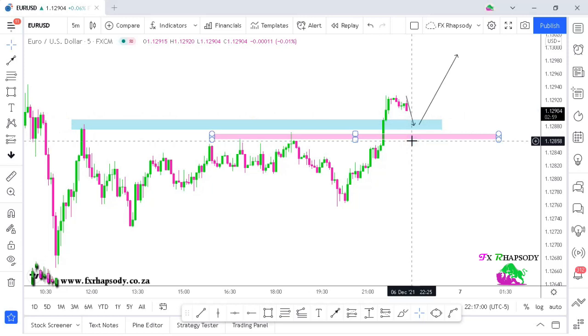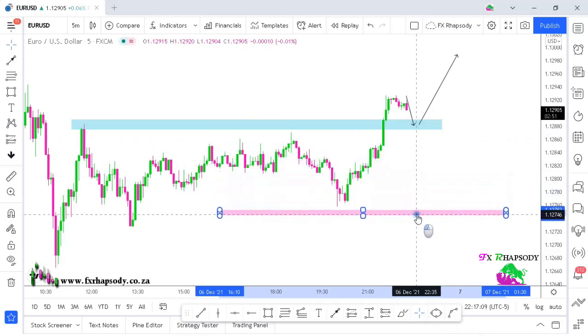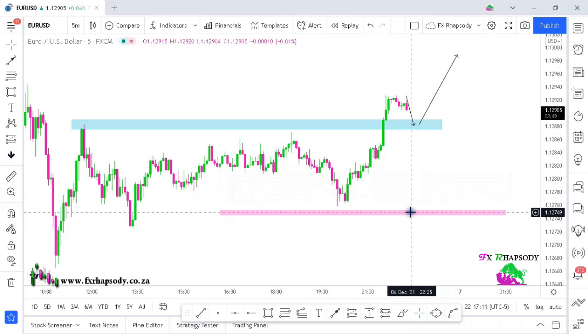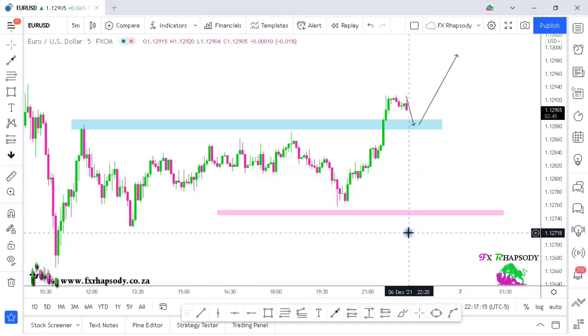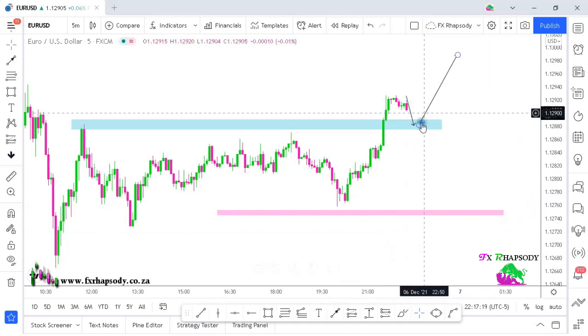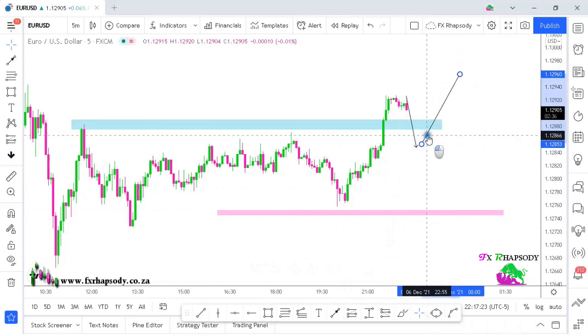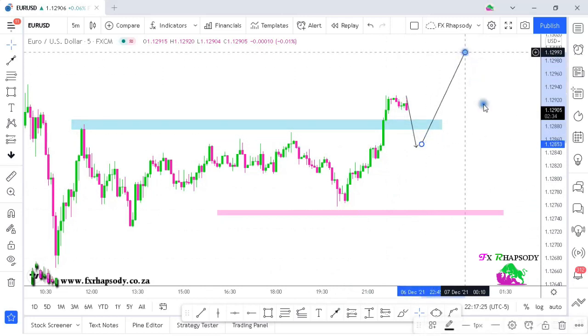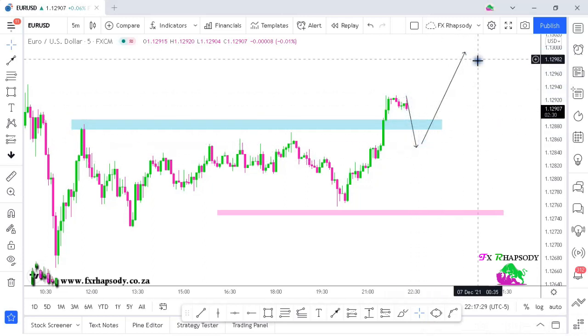But yes, it might happen. Price might respect that, but this is price action, guys. So I would, just to be safe, just place your stop loss over there. Okay, and then there's less chance of price coming all the way down here and tapping it than price just taking out some orders over there that have been placed and then moving to the upside. So it might dip into there and then go up.